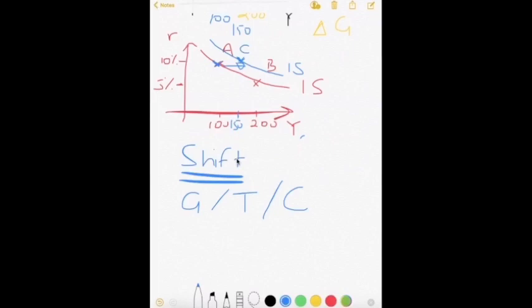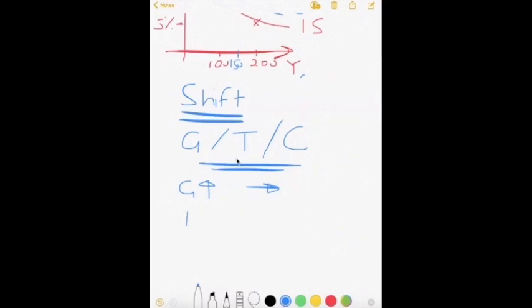Recall, government spending and taxation are part of the fiscal policy. And normally when government spending goes up, IS curve moves upwards in this direction. When taxes go up, GDP is falling, so the IS curve moves in this direction.